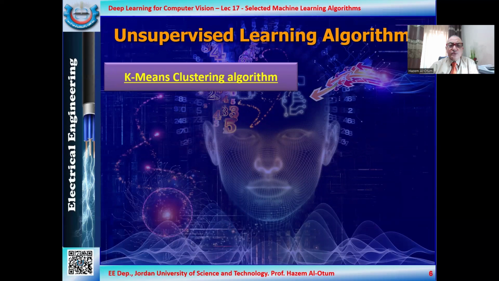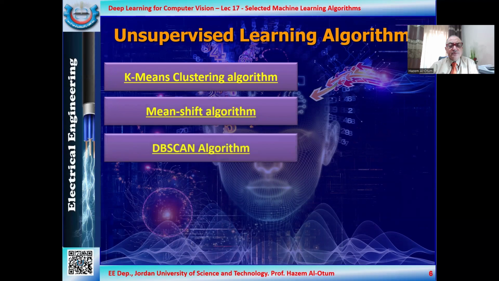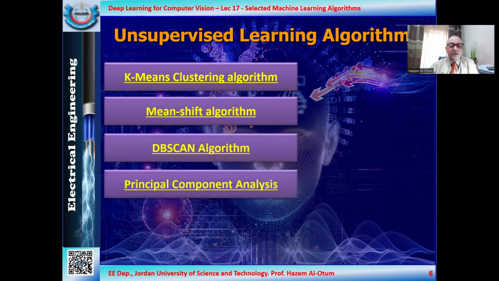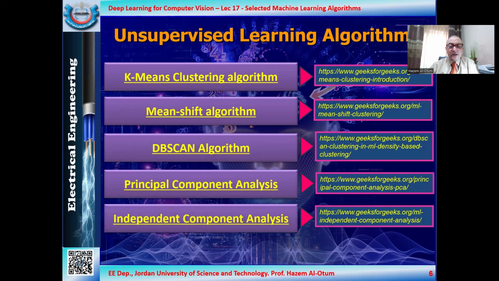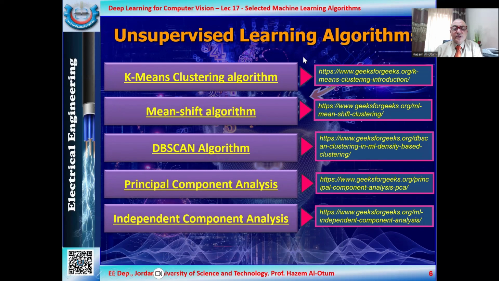Examples of unsupervised learning applications: k-means clustering algorithm, mean shift algorithm, DBSCAN, principal component analysis, PCA, and independent component analysis, ICA. You can also refer to these links to get additional information about these techniques.